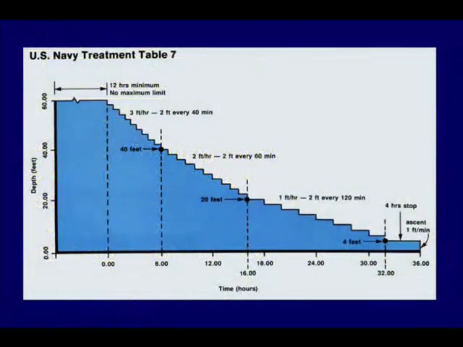This is what the table looks like. It represents an initial 12-hour minimum period at 18 meters, which essentially allows the symptoms and manifestations of decompression illness to stabilize without any changes in ambient pressure, after which the slowest possible rate of decompression to the surface is then maintained.